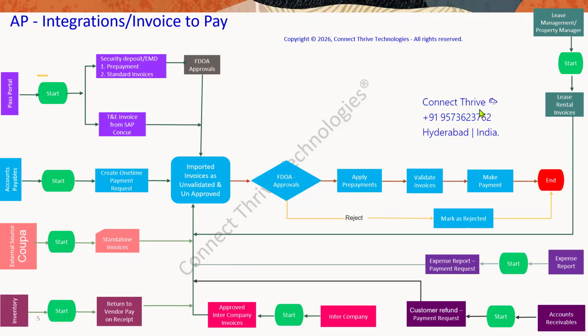And apart from that, we have IDR. With the help of a PDF invoice, we can create the respective AP invoice automatically. That is also one kind of source. So this is all about API integration or invoice to pay.